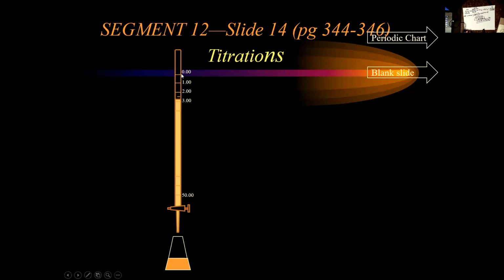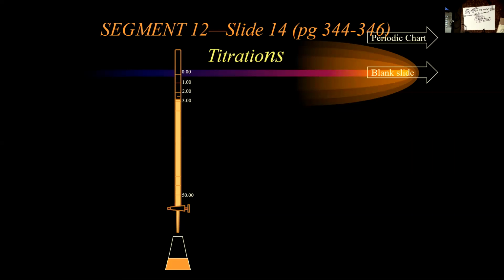Notice the way that the burette is labeled. 0 is at the top, and at the bottom there's a line that's 50. If you go from 0 to 50 with the meniscus, you have transferred exactly 50 milliliters, 50.00, into the flask.